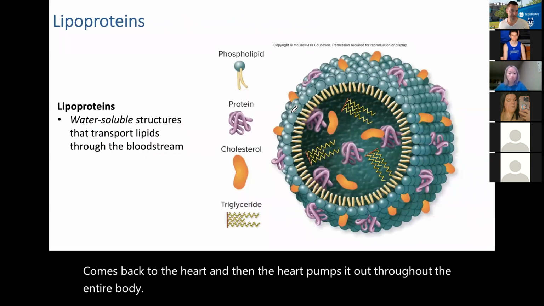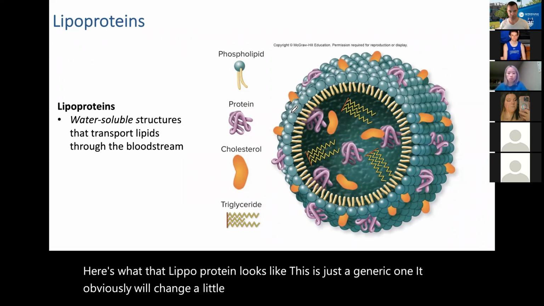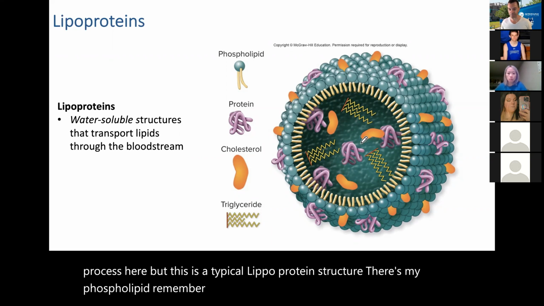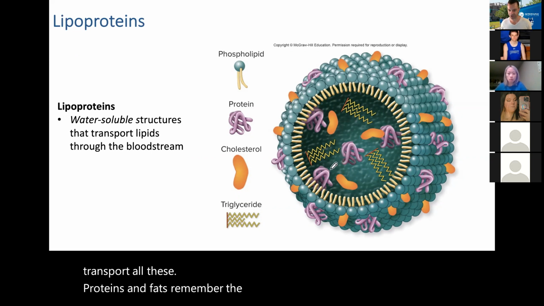Here's what that lipoprotein looks like. This is just a generic one. Okay? It obviously would change a little bit as we start to kind of go through the process here, but this is a typical lipoprotein structure. Okay? There's my phospholipid, remember, hydrophilic, hydrophobic, and I'm able to transport all these proteins and fats. Remember, it's a lipoprotein. There's my protein structures.